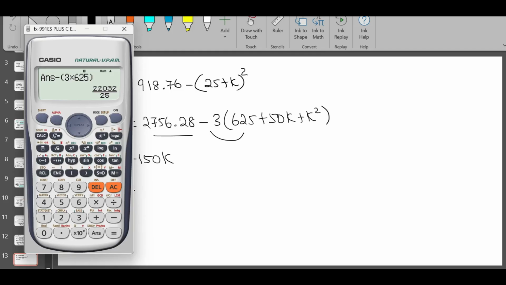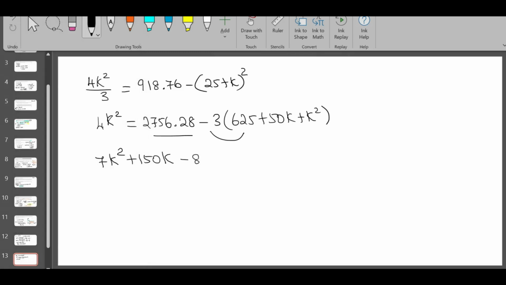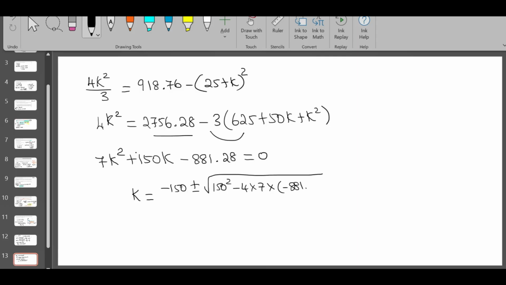That's positive, comes here negative. 881.28 is equal to 0. So k is minus b plus or minus square root of b square minus 4ac, everything divided by 2a.